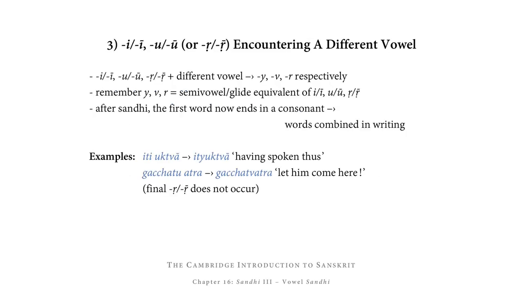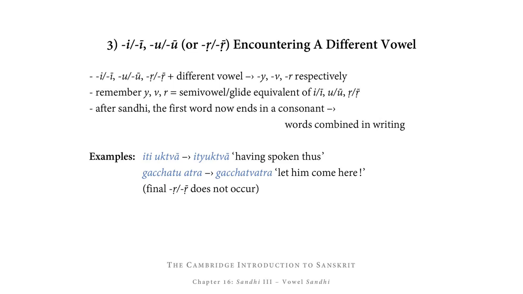Up next, any simple vowel other than a or ā encountering a different vowel. When we have a word that ends in i, u, or ṛ and this encounters another word that begins with a different vowel, then these original final vowels will change into y, v, and r respectively. Remember, y, v, and r are simply the semivowel or glide equivalents of the vowels i, u, and ṛ.